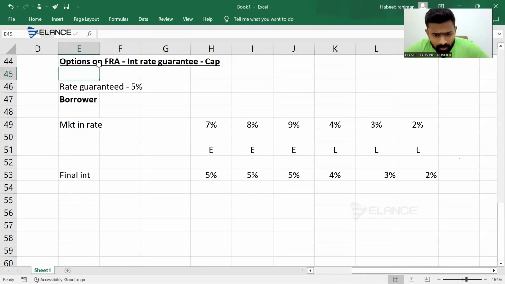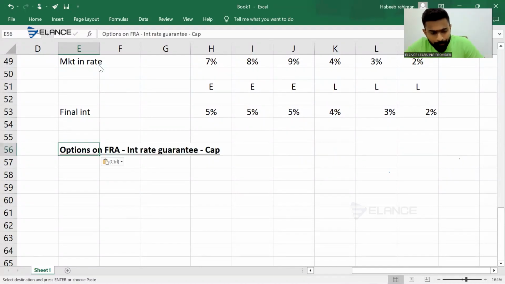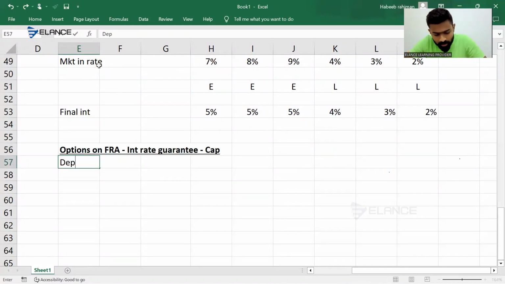For a borrower, it was capped. For a depositor, it is not capped. A depositor wants to get protected from a rise in interest or a decrease in interest? Decrease in interest, right?